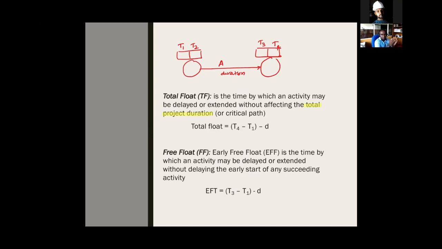That means however the things happen, the project duration is kept the same. This is the activity duration. Project duration is the 51 in the example that we have done a little while ago.